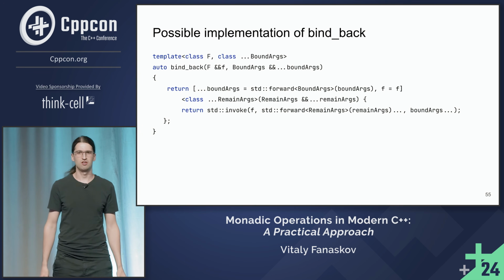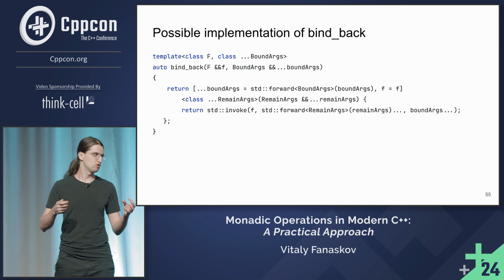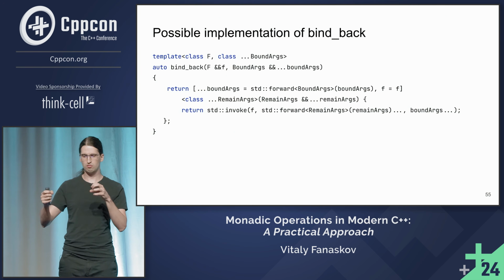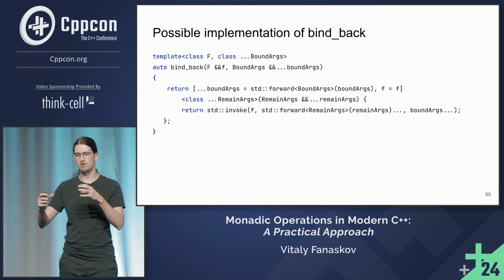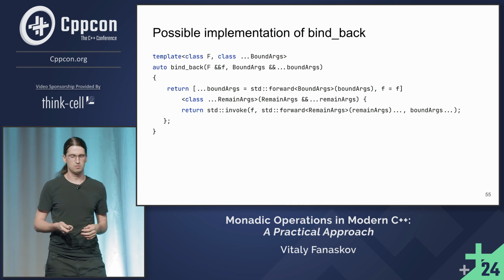You can have it, and most likely you should forward the arguments. Regarding this implementation, I wrote it with no tests, no constraints check, pretty much nothing, just to show how it might work. We need to preserve arguments, preserve the function, and then we return another function and invoke it over this stuff. So that's how bind back can be implemented.